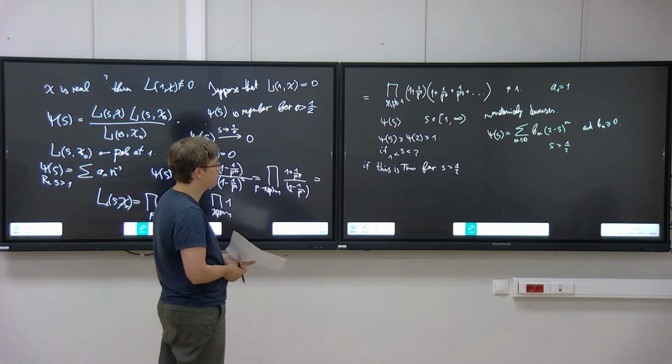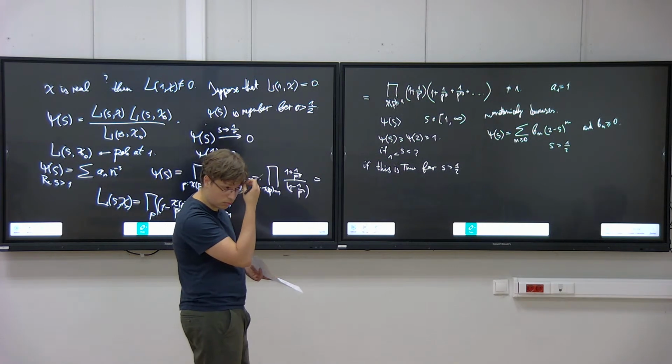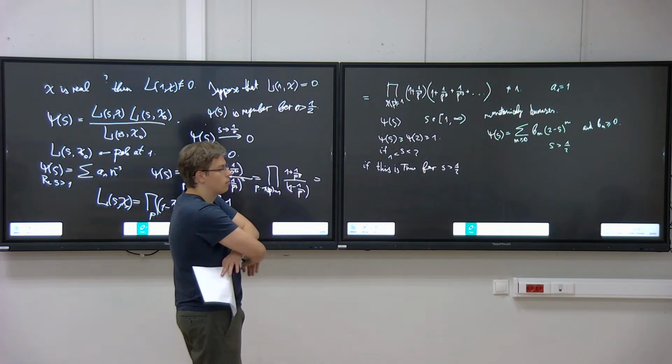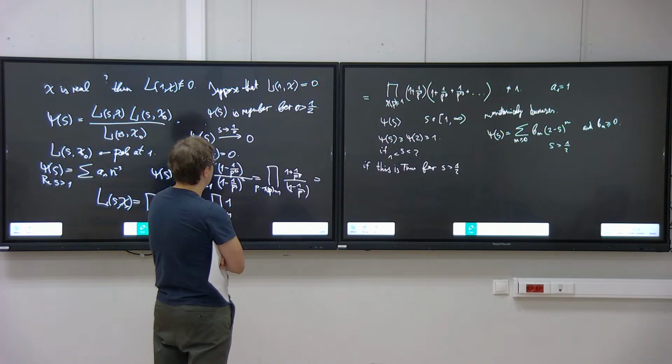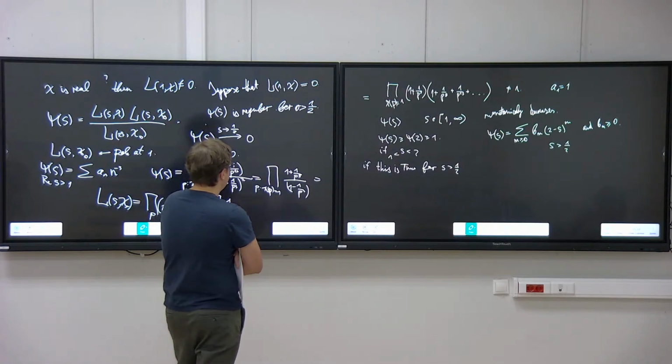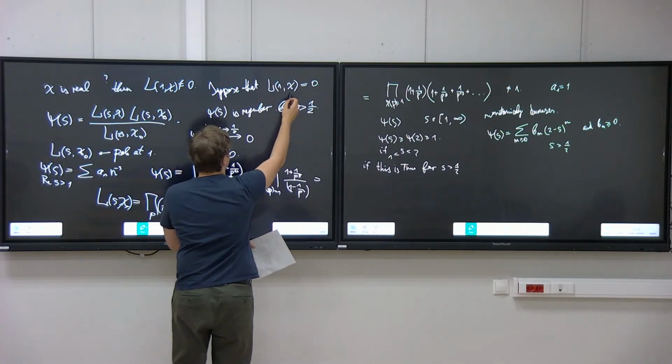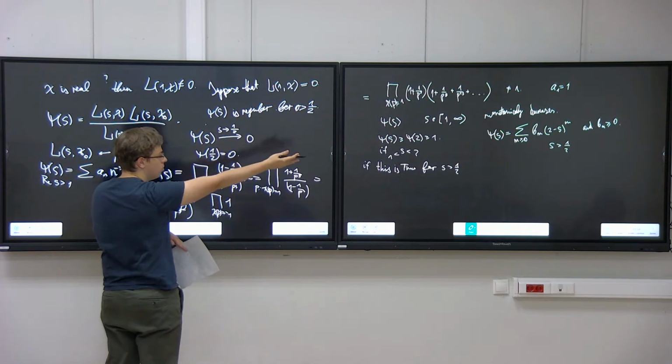Это будет противоречие с тем, что у нас L от единицы и хи равно нулю. Или с чем конкретно? Противоречие будет из того, что мы предположили, что она регулярна, что ряд Тейлора сходится.